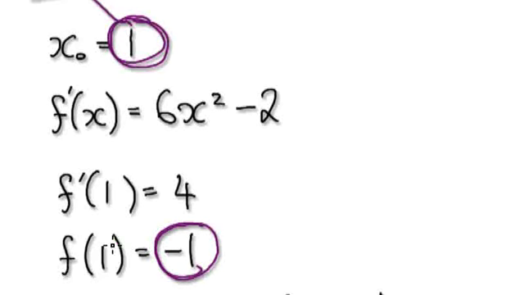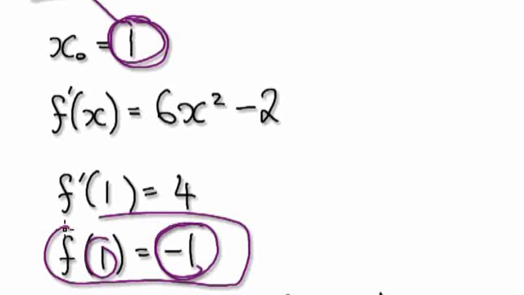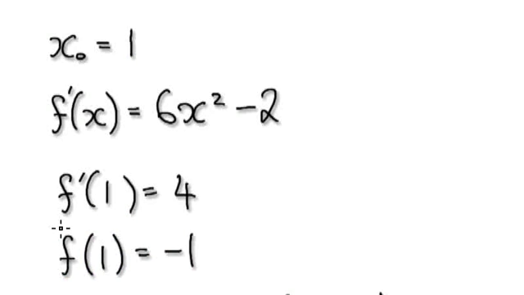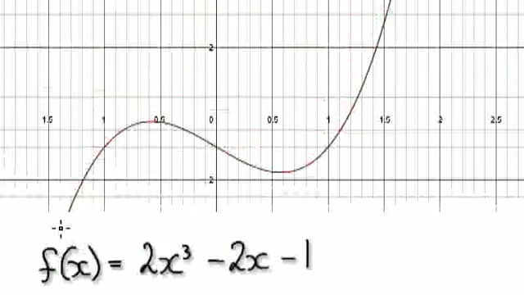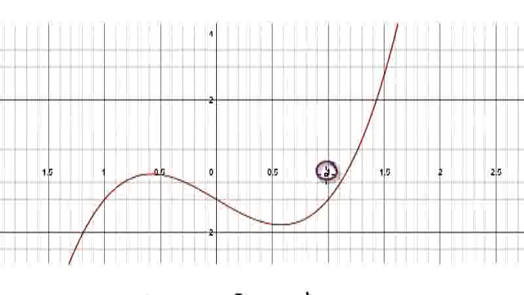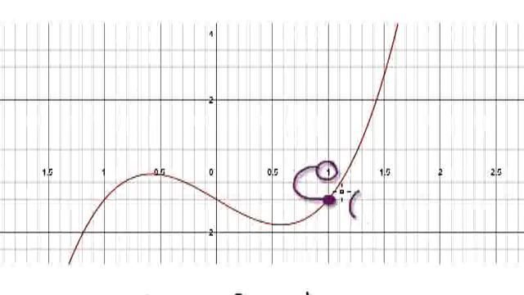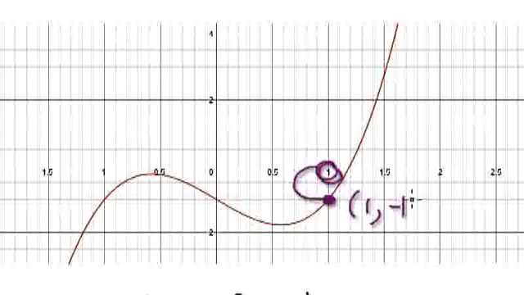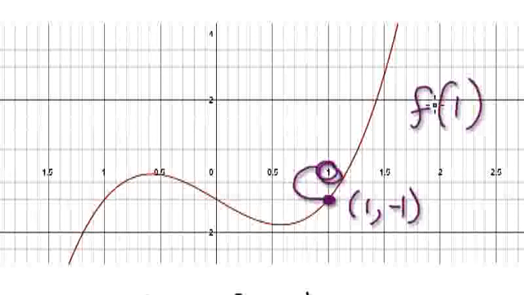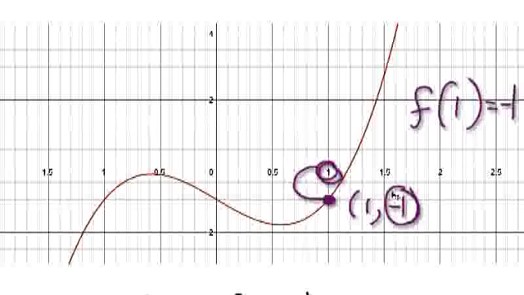So you start with your guess, put it into the original function, and you jump to here. Now you know the coordinates here: 1, comma -1, because you put 1 into your original function and that equals -1.